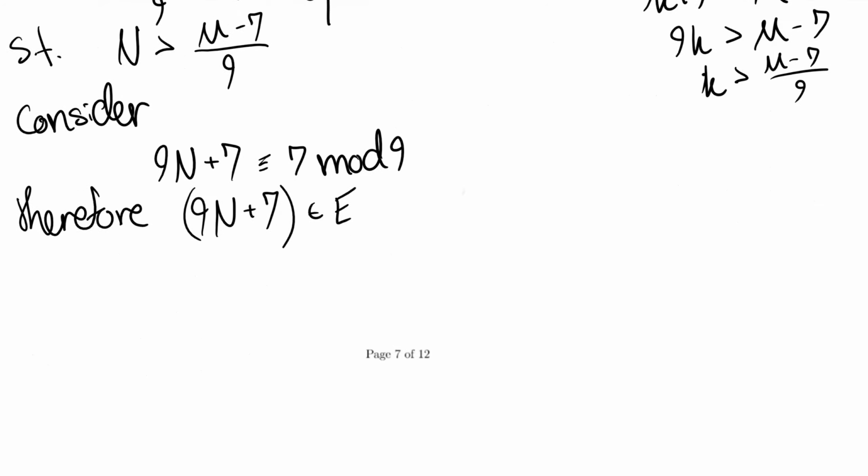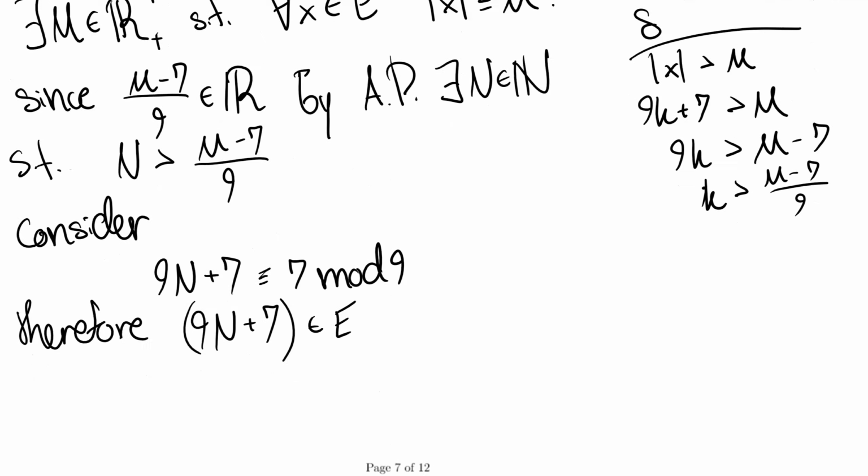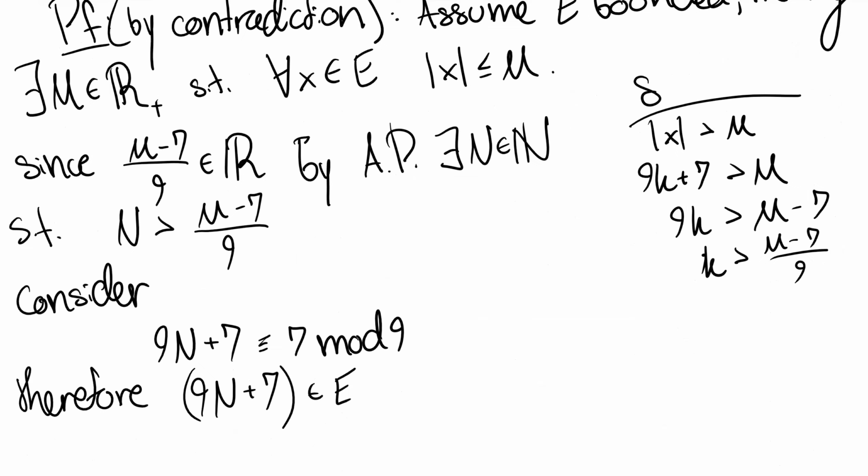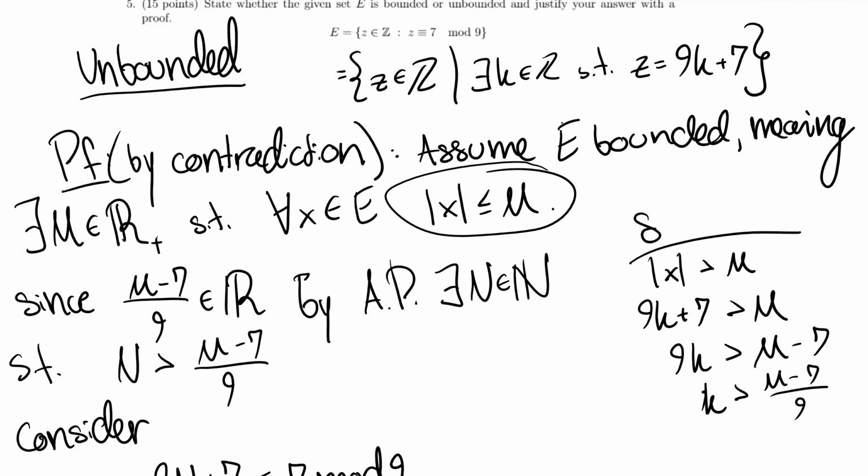Remember, you always want to show why it's an element in E. If you just pick some random number and show that it's bigger than m, that doesn't matter if it's not in our set. We only know this for our set.